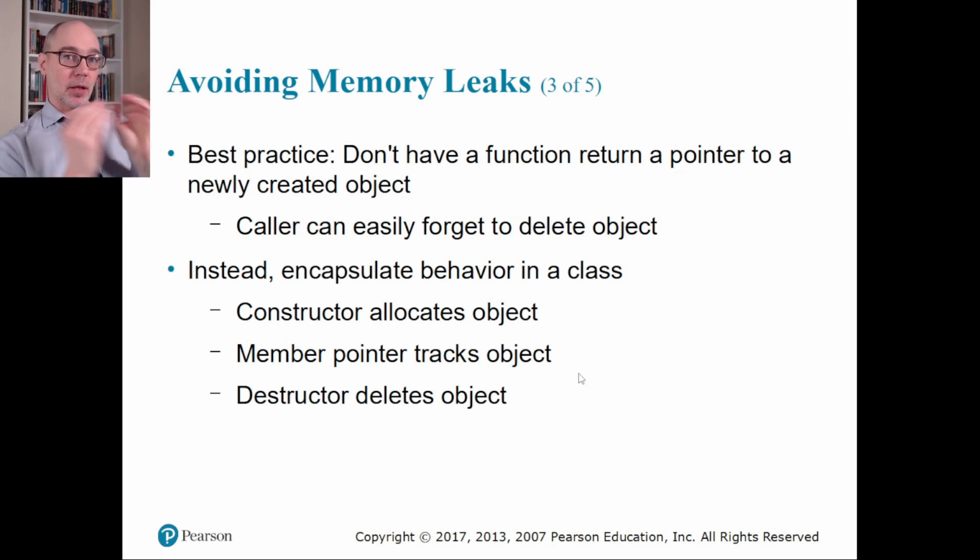The class has a private data member that's a pointer to keep track of that persistently as long as your object exists, in all your accessors and mutators and whatever you need to do with it. And then the destructor is the place that deletes the object with the delete statement. And as you know, when you make an object, the constructor automatically runs, you can't avoid it. And when an object goes away, the destructor automatically runs, you can't avoid it. And now there's no possibility that you forget to run delete. It's going to happen no matter what. And this is why these things exist.